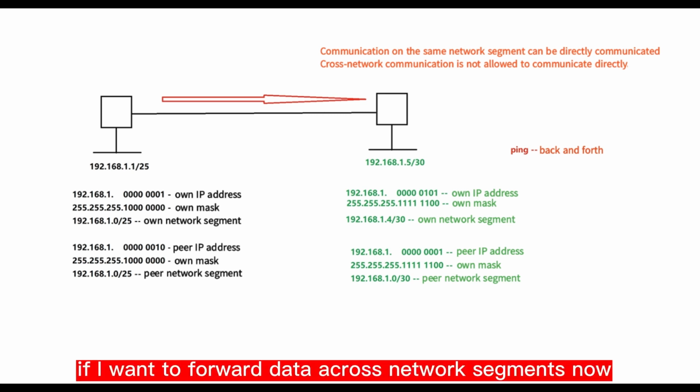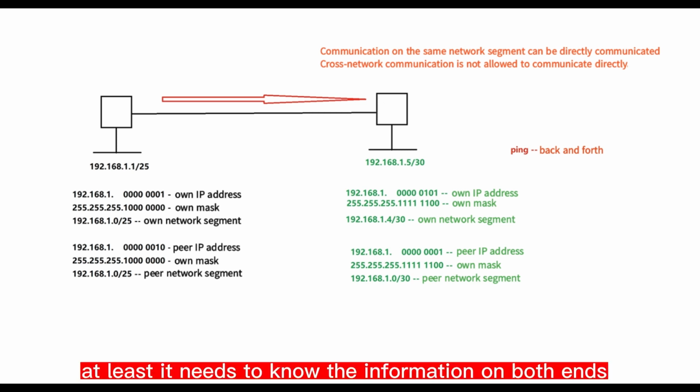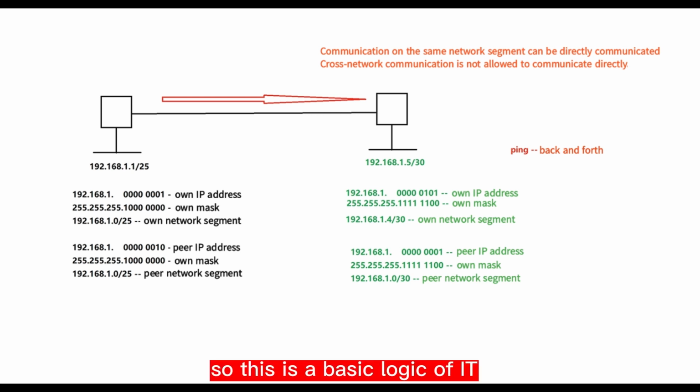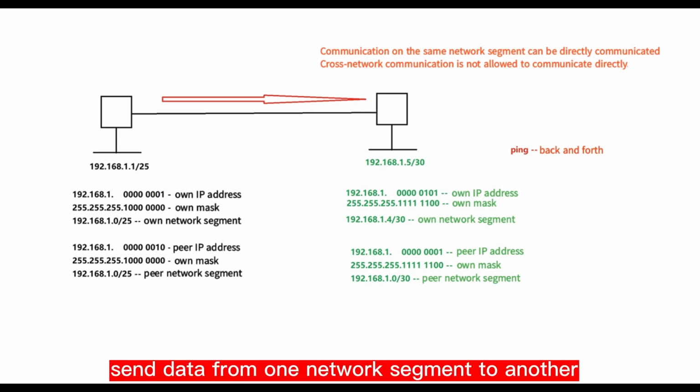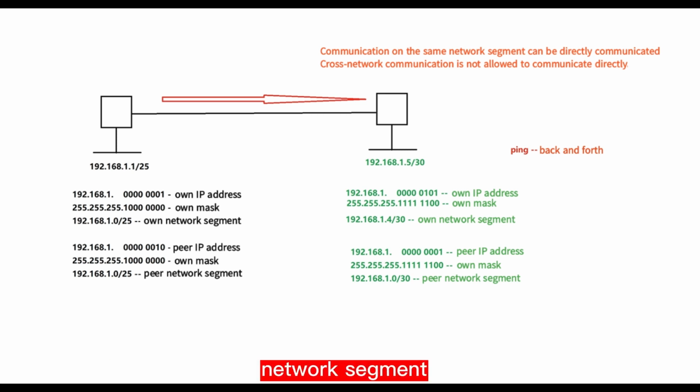If I want to forward data across network segments now, then the router in the middle acts as a gateway. At least it needs to know the information on both ends. So this is a basic logic of it. And a device acting as a gateway like this must have the ability to forward across network segments, sending data from one network segment to another network segment.